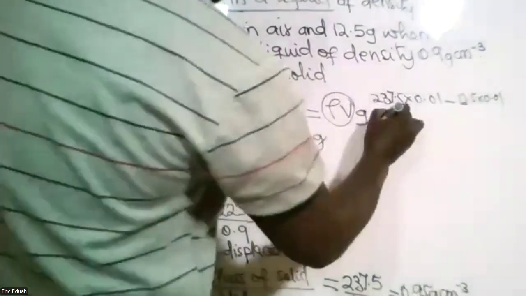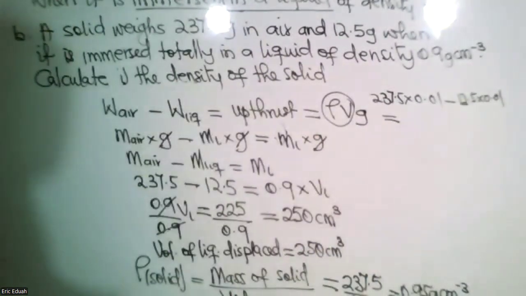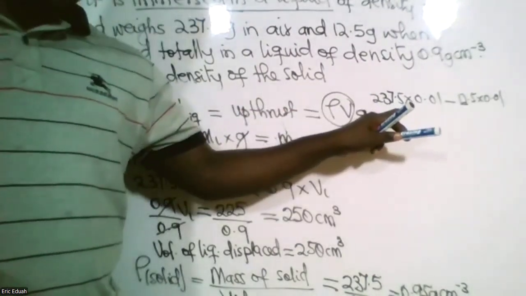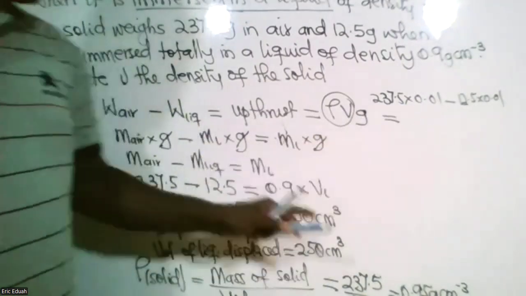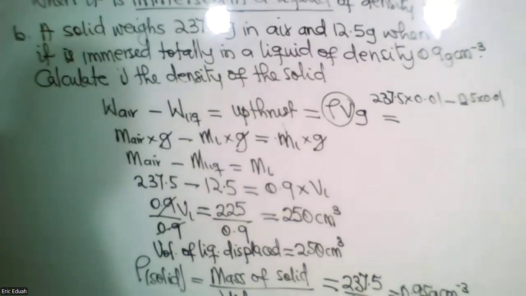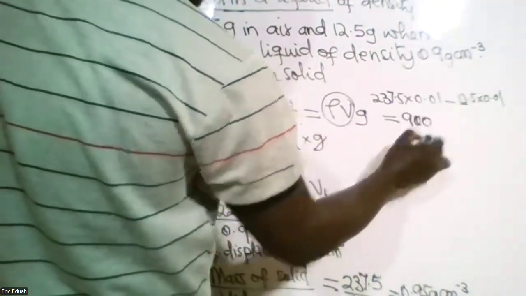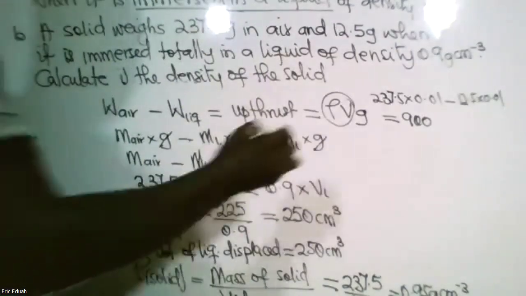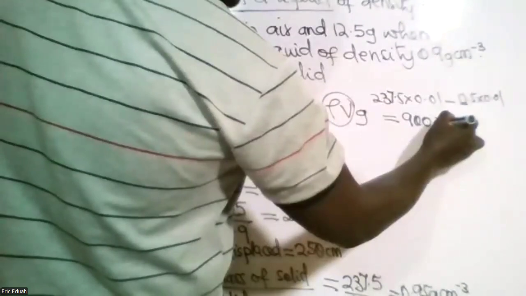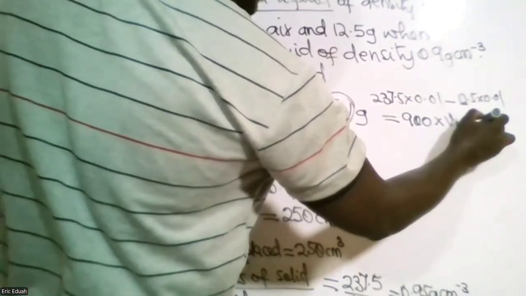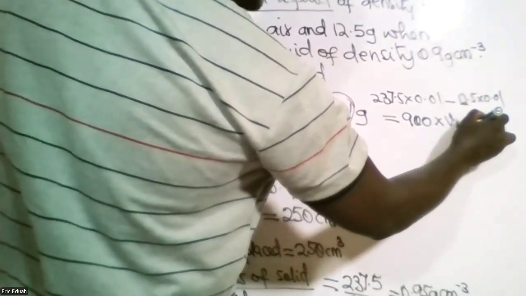Then we change the density of the liquid from gram per cm cube to kilogram per meter cube, and 0.9 will be 900 times the volume of liquid displaced, which we don't know, times gravity, which is 10.